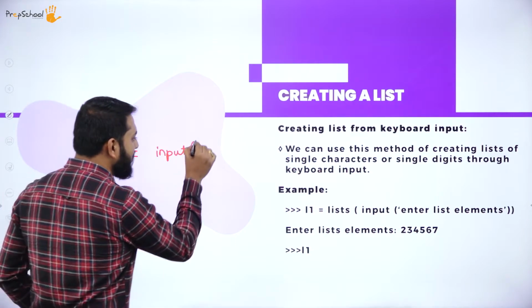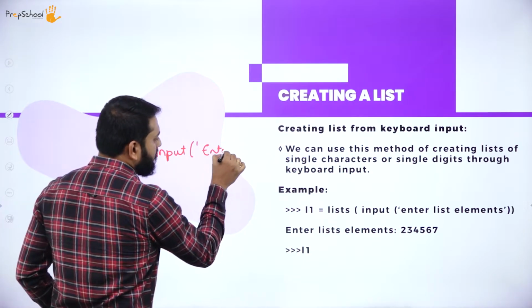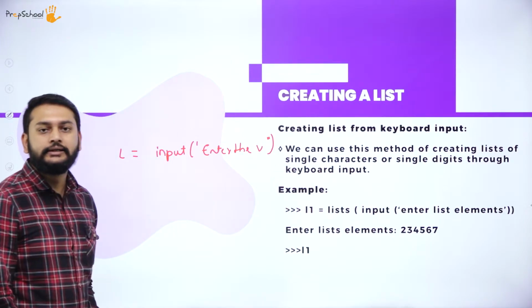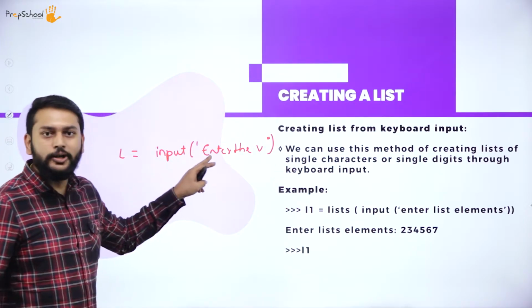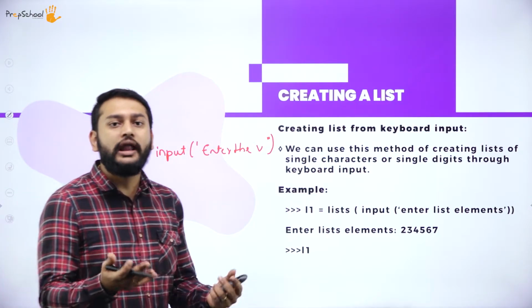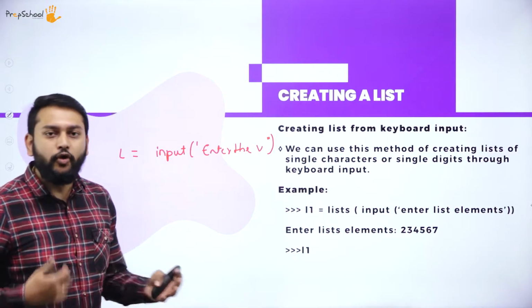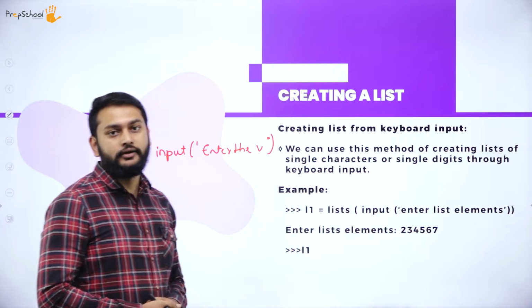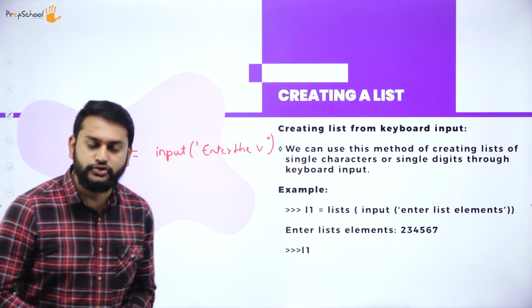Inside this, I'll just write, enter the values. It will be in the form of a string by default, but I don't want that. I want to enter multiple values, right? So how do I enter multiple values?